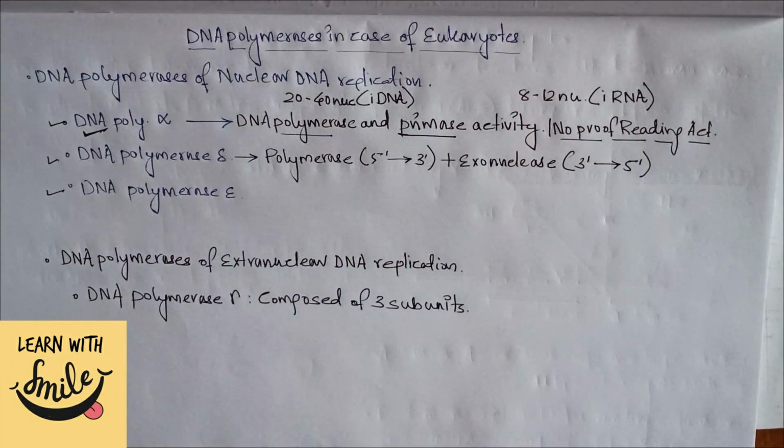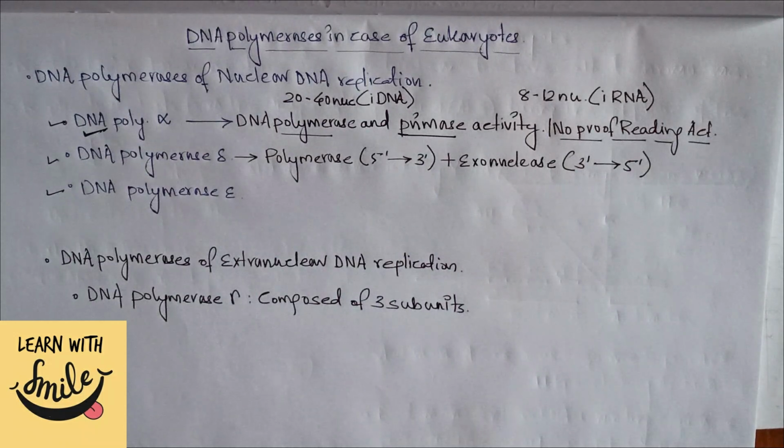Since we have already understood the basic structure of the origin of replication for the eukaryotes, that is the ARS, their different domains and subdomains, their functions and so on, now it's time to understand the different types of DNA polymerases that play a very prominent role in the DNA replication process of the eukaryotes.